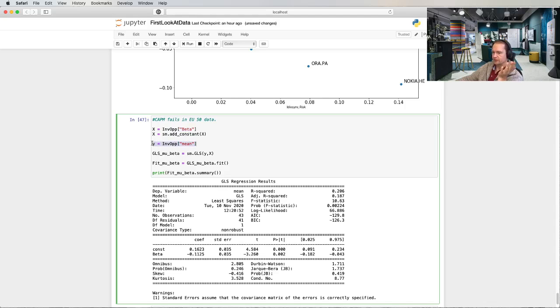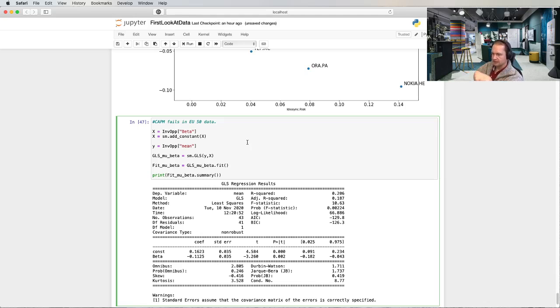In the CAPM regression, you would regress excess returns, or let's say the average return, onto the market return, and then you get the betas. That we don't do. We computed the betas explicitly. Here we do something different. We regress the mean returns onto the betas. That is more like in the Fama-MacBeth two-step regression approach, the second step to compute the market price of risk.